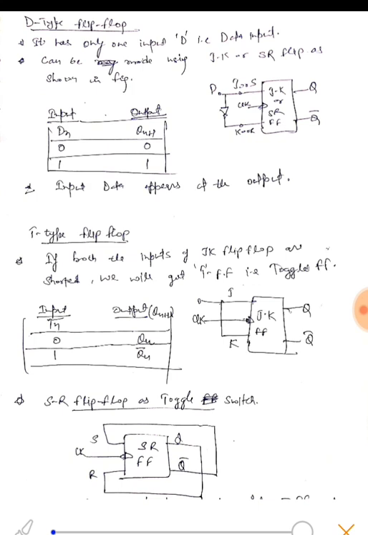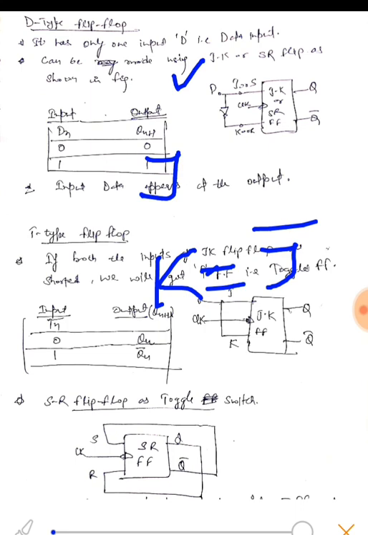Here in this one, what we have done, we have made it using JK or SR flip-flop. So if J is one input, then for K we will provide K is equal to J bar. That is, we have complemented the two inputs. If one is K, then the other would be K bar.